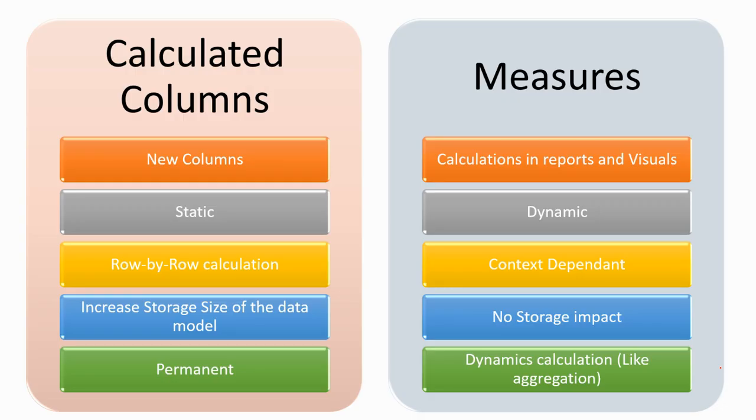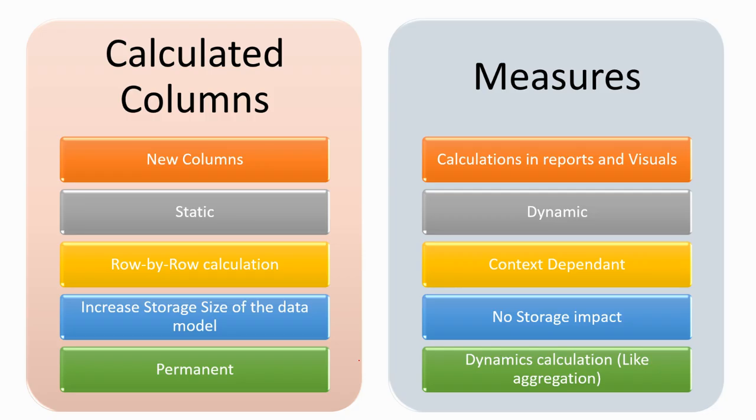So the next one is, let us understand the calculated column versus the measure. What is actually the calculated column and what is a measure? In DAX, both calculated column and measure are used to create new data from existing data. We'll be creating new data with existing data, but each has its own different purpose.